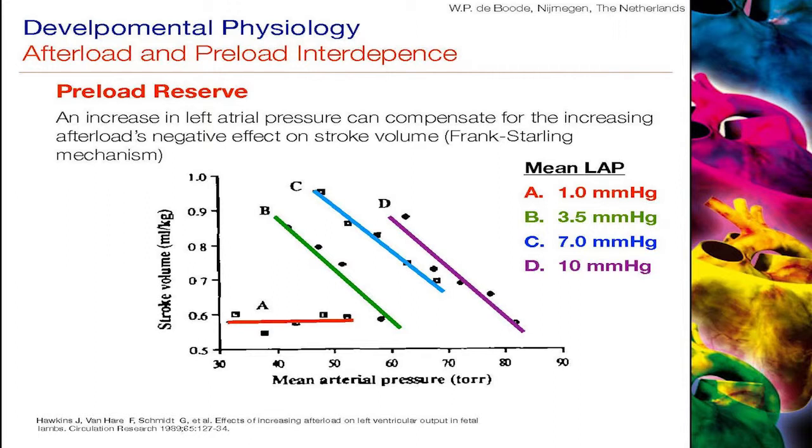What you can see is that when you increase preload, you can increase the contractility despite a higher mean arterial pressure. So a higher preload can compensate to some extent for a higher afterload.